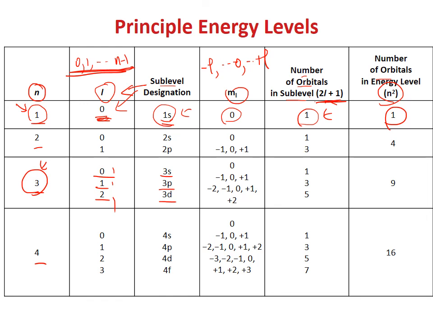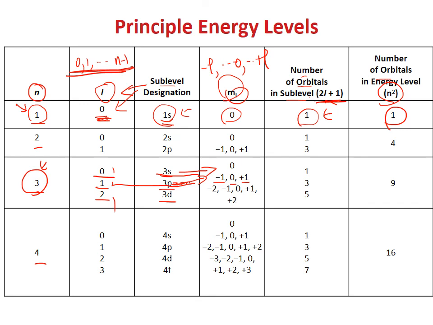And M is determined by L. So when L equals 0, M can only be 0. When L equals 1, that is 3p orbital, then M can be -1, 0, +1.